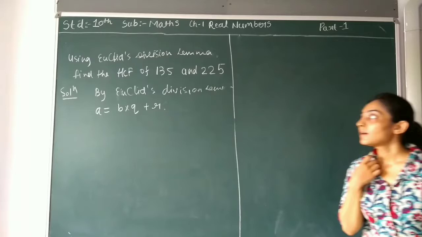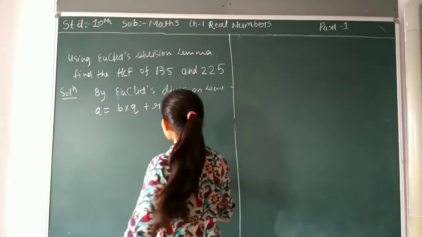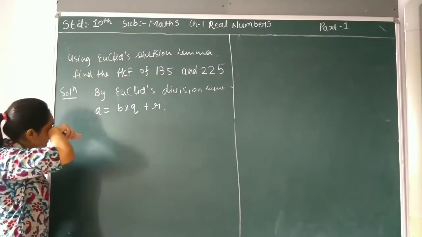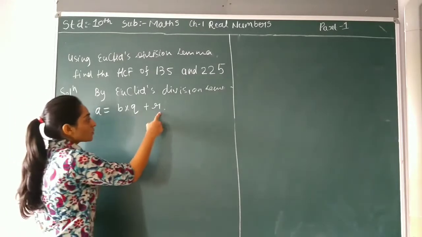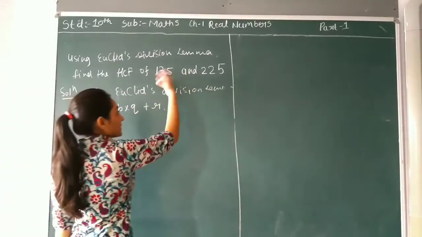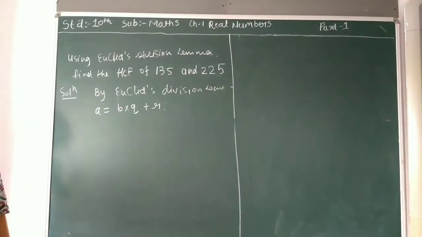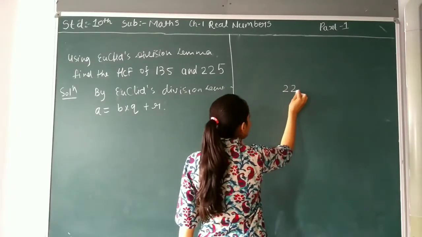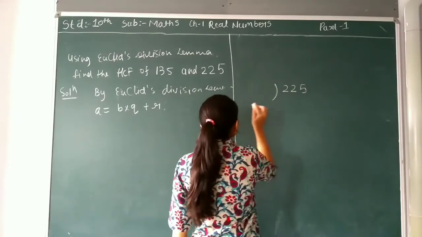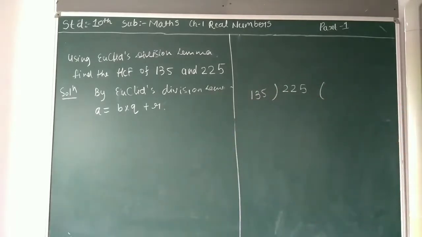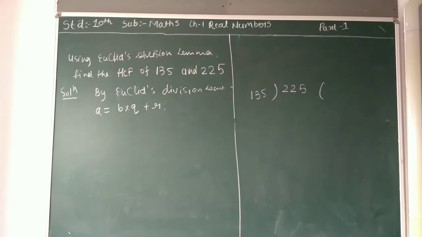Again using Euclid division lemma. So Euclid division lemma says A is my dividend, B is my divisor, Q is quotient, and R is remainder. So the bigger number we are going to take as my dividend. So 225, divisor is 135. Now just pause the video and try to solve this question.